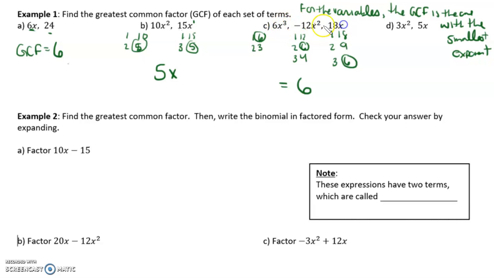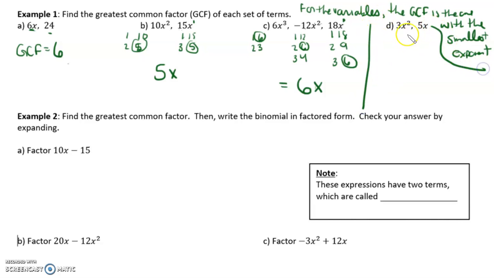We have an x in all of these, so it is common. The rule: choose the variable with the smallest exponent. We have exponents 3, 2, and then 1, so I'm going to pick an x. So our greatest common factor there is 6x.